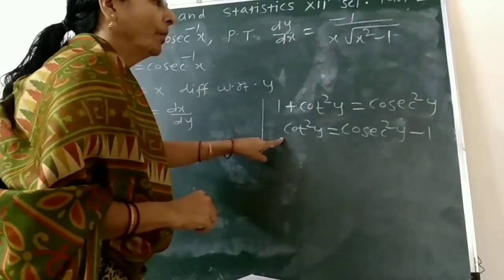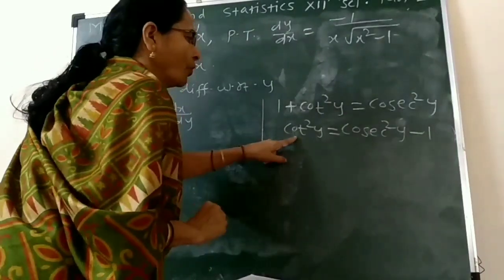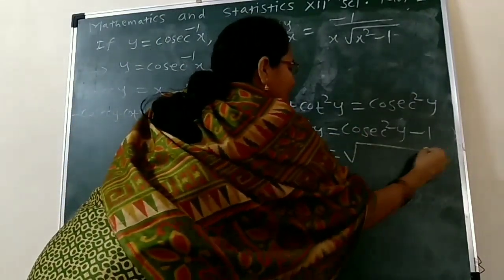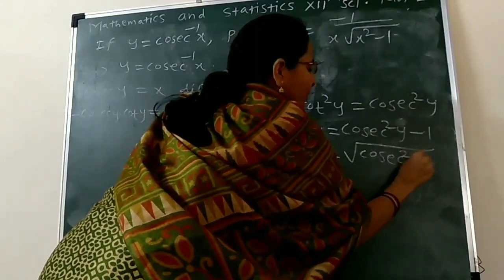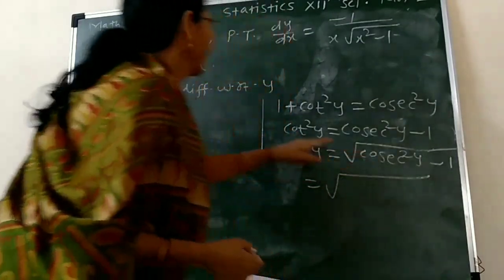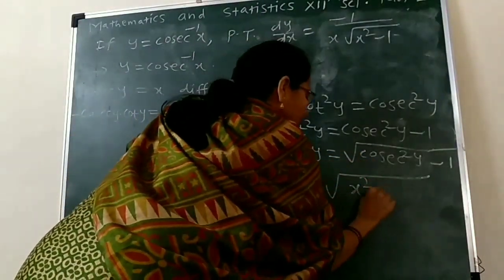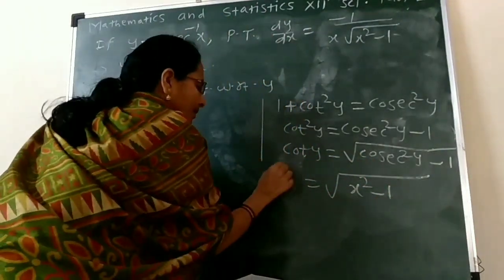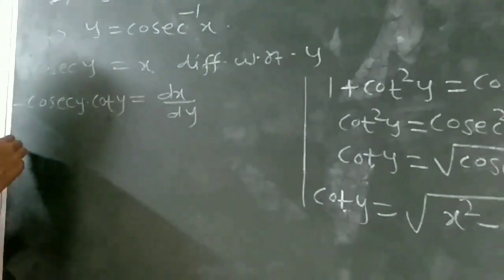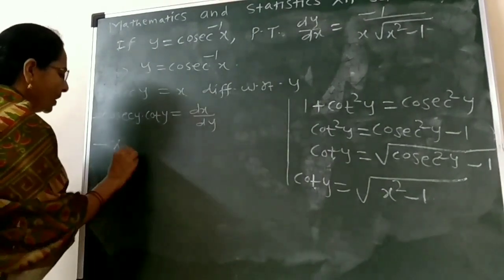If we take root of both sides, root of cot square y is cot y, and root of cosec square y minus 1, with cosec y being x, is root x square minus 1. Put this value of cot y here, so minus cosec y is x, cot y is root x square minus 1.